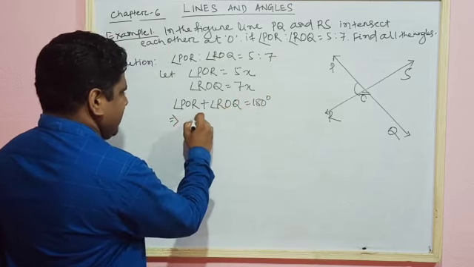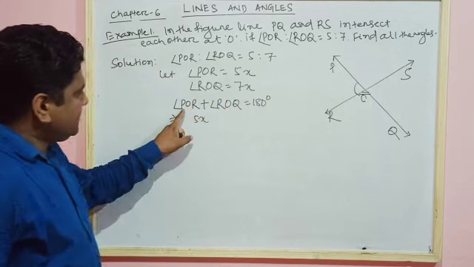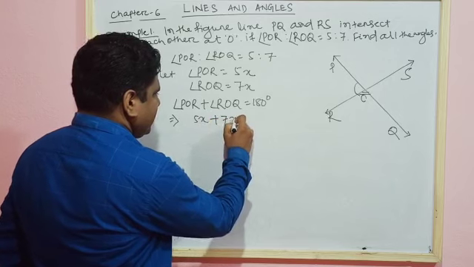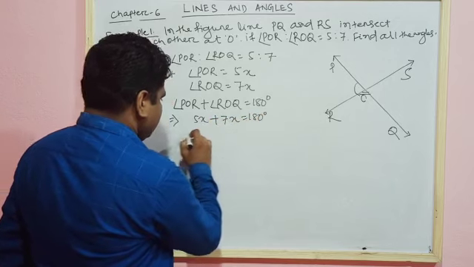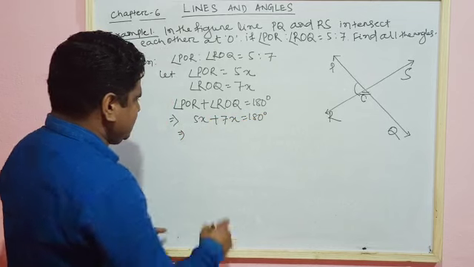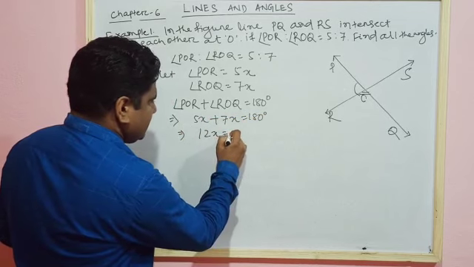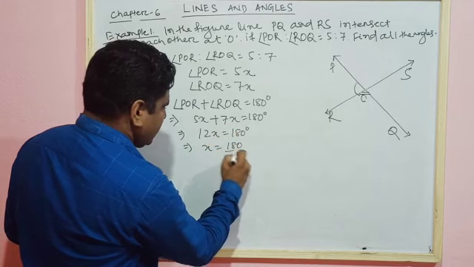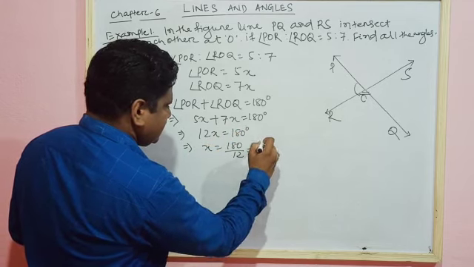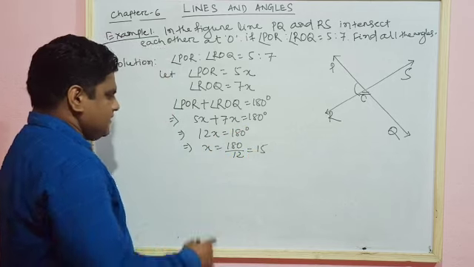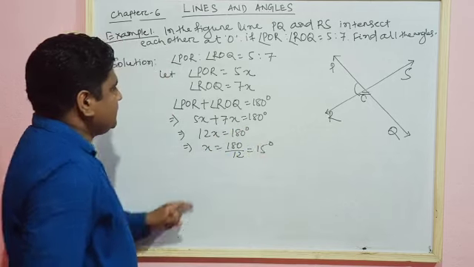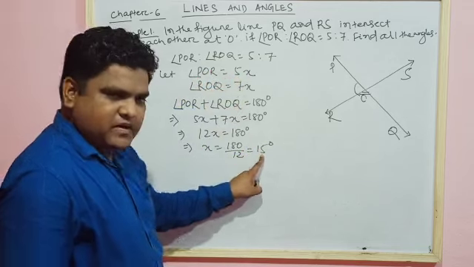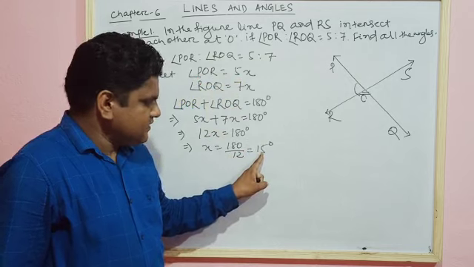Then we can write 5x in place of angle POR and 7x in place of angle ROQ equal to 180 degrees. 5x plus 7x is 12x equal to 180 degrees. Then x equals 180 by 12, which is 15. So 5x equals how much? 15 into 5 is 75.